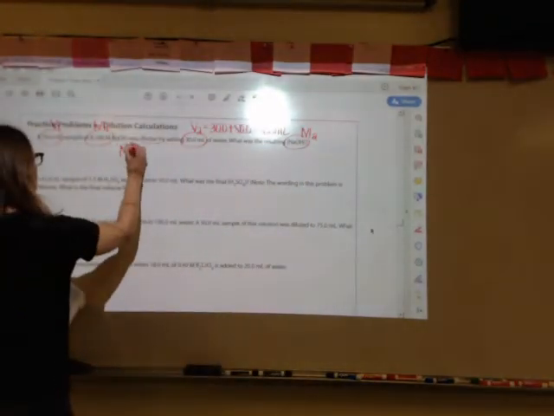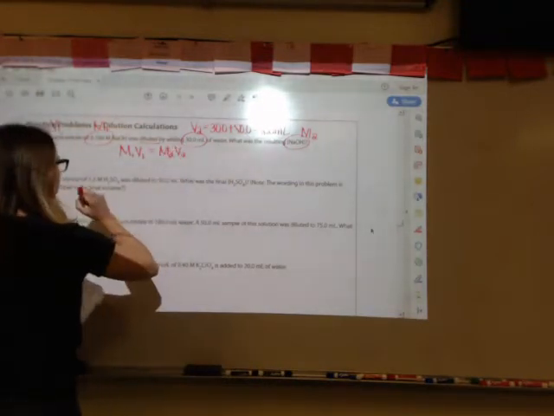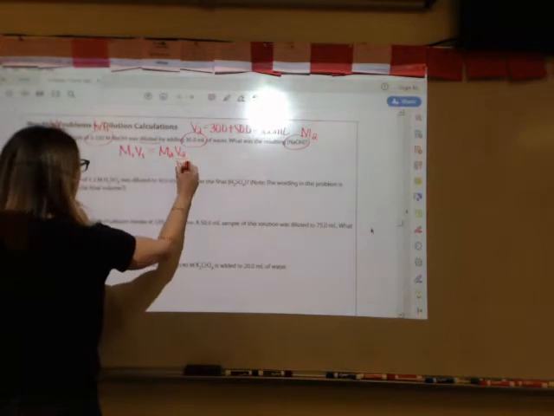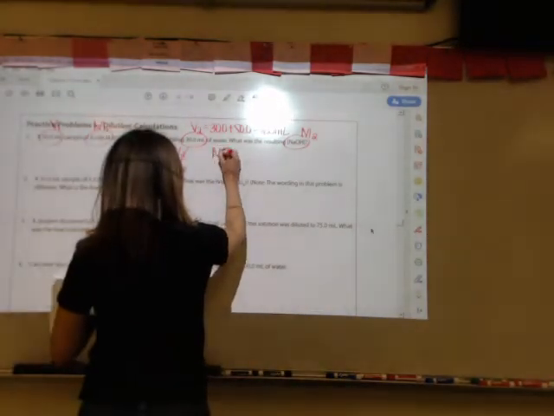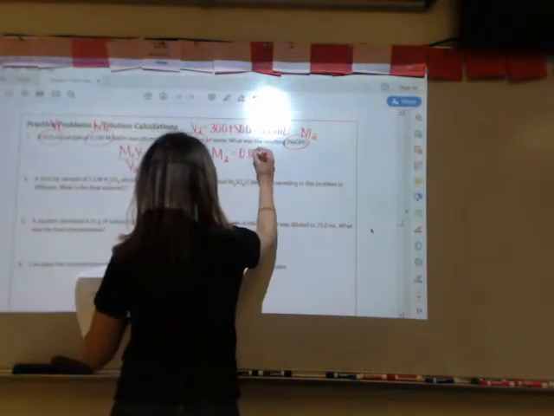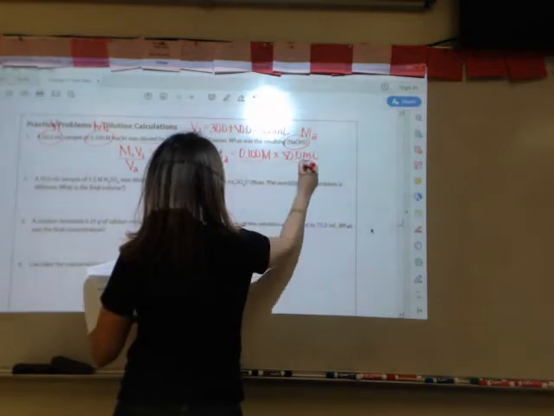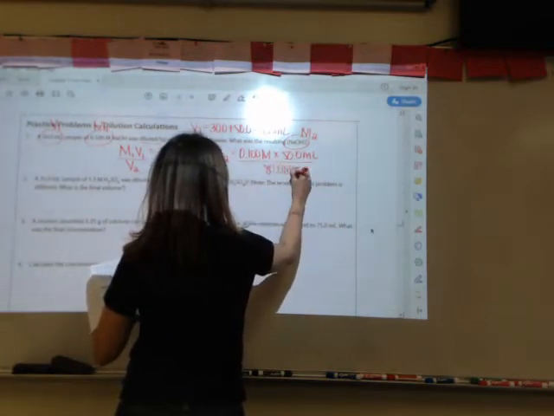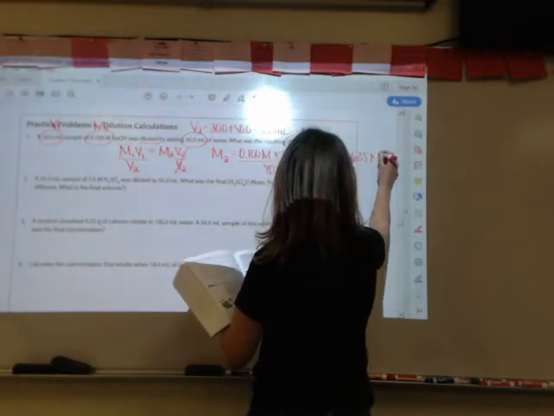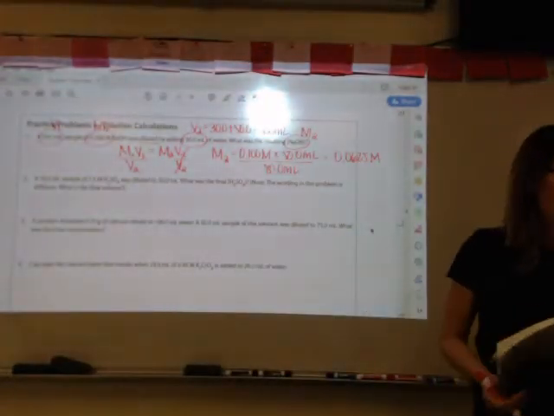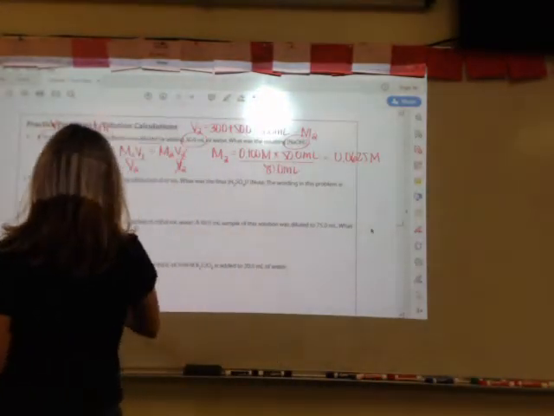So this is going to be M1 times V1 equals M2 times V2. If I'm solving for M2, you want to divide by V2 on both sides. So this is M2 equals M1 times V1 divided by V2. So your answer will be 0.0625 molarity.